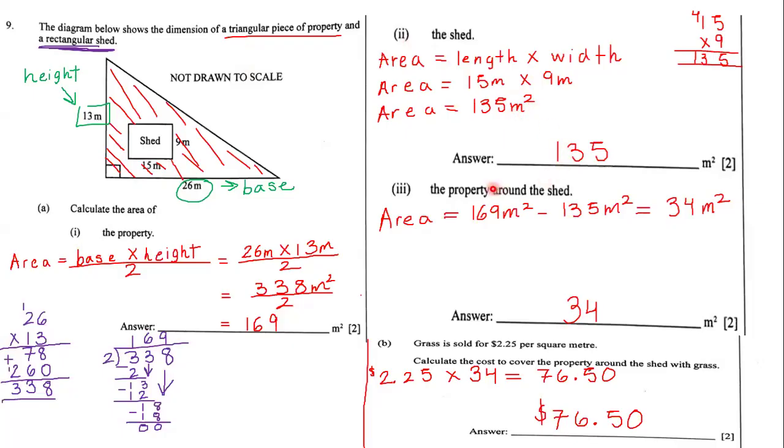And then the property around the shed is the answer you get for A minus the answer for the second one, and you get 34 meters squared for the property around the shed. Good. And then, okay, cost to cover the property around the shed. You do, hold on.